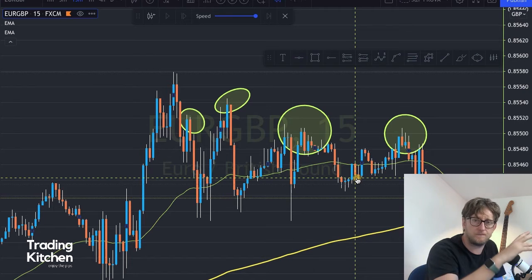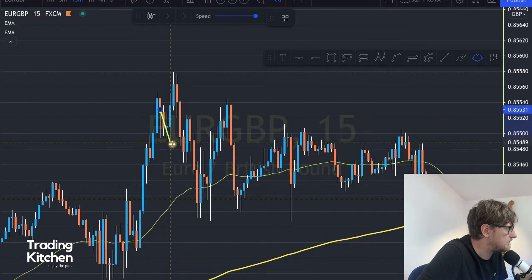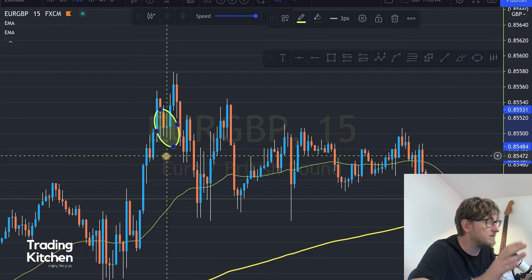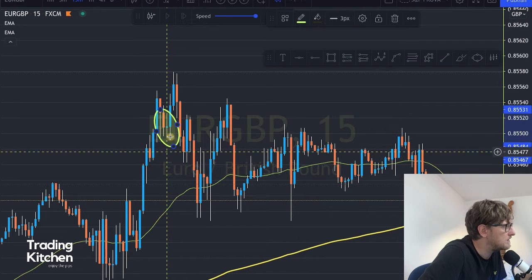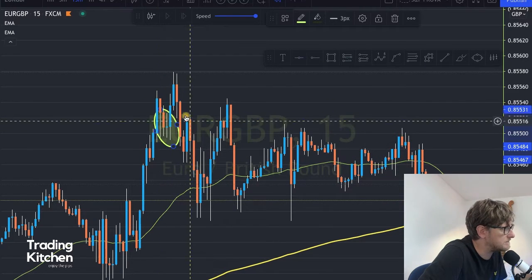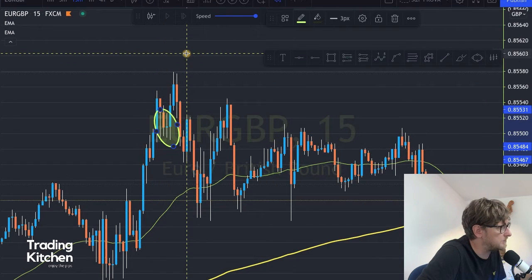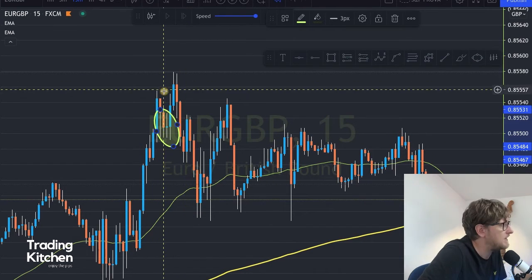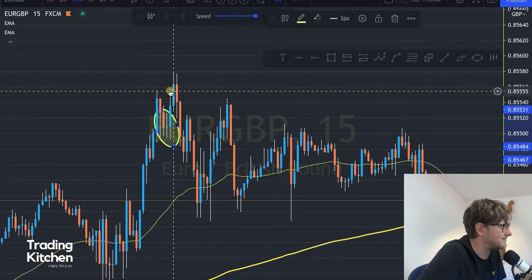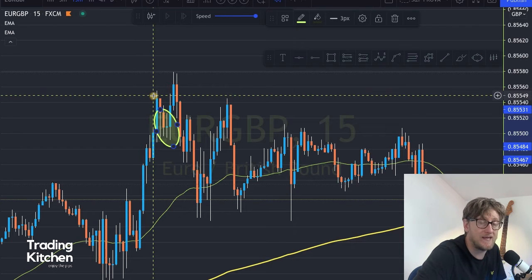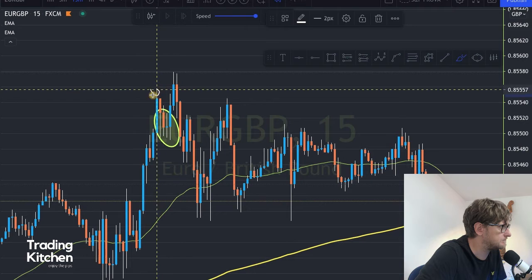These levels are easy enough to identify. Why? Look at this candle. This is the previous buyer dominance. From this candle this impulse was created, and this impulse broke the last high that we had before, which is this one.